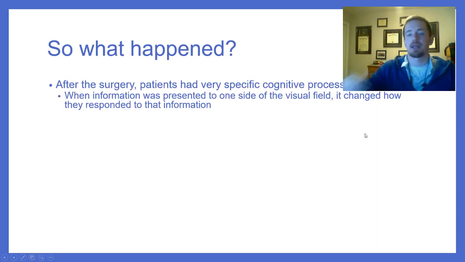So what happened is that after the surgery, these patients started having very specific cognitive problems. And when I say problems, I just mean difficulties under certain situations. So what they found is that whenever information was presented, let's say, to one side of the visual field, it would change how you responded to that information.